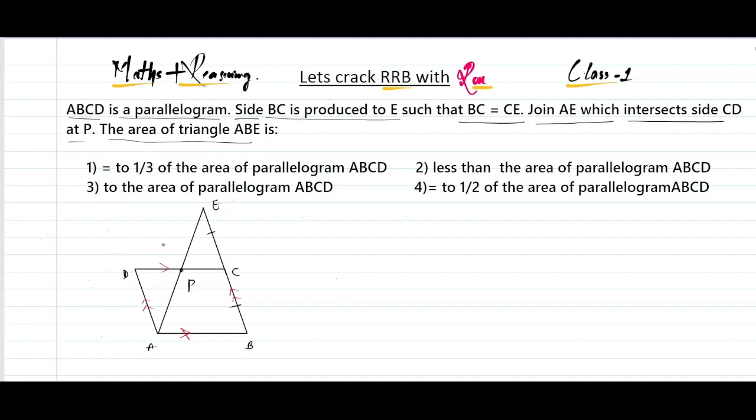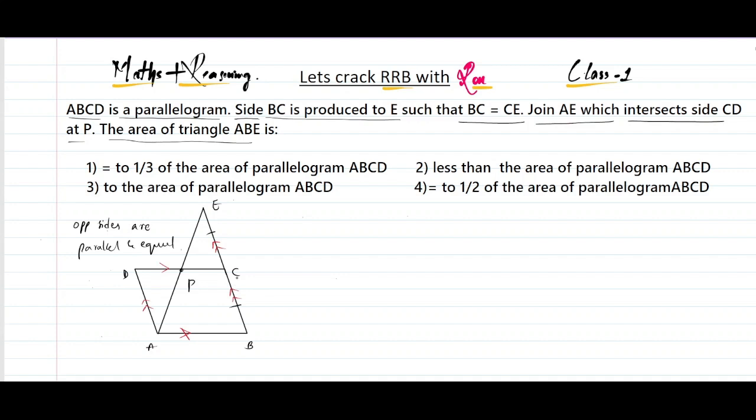Also, it is given that BC is extended until point E. So if this is parallel to AD, this line is also parallel to AD, right? Remember this point. What is the point I said? In a parallelogram, opposite sides are parallel and equal.